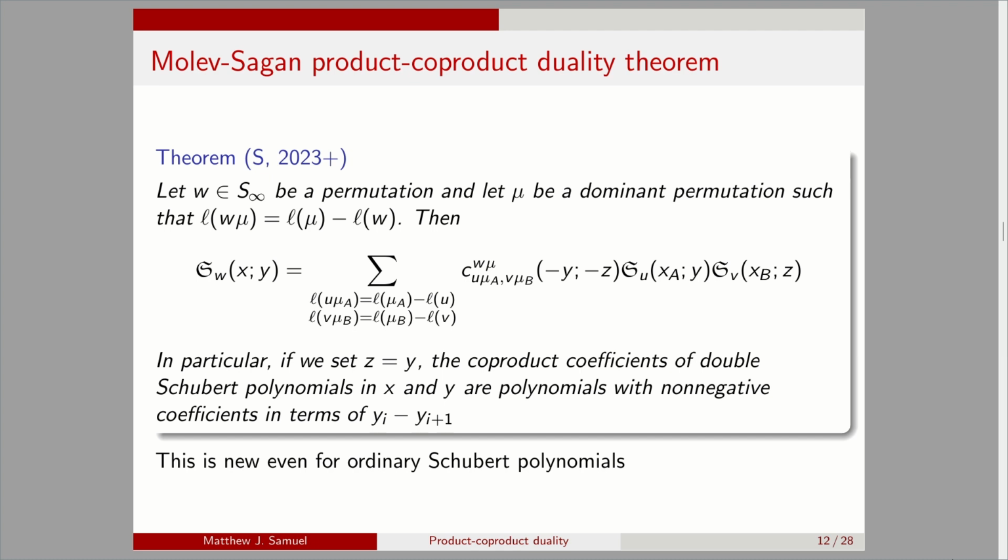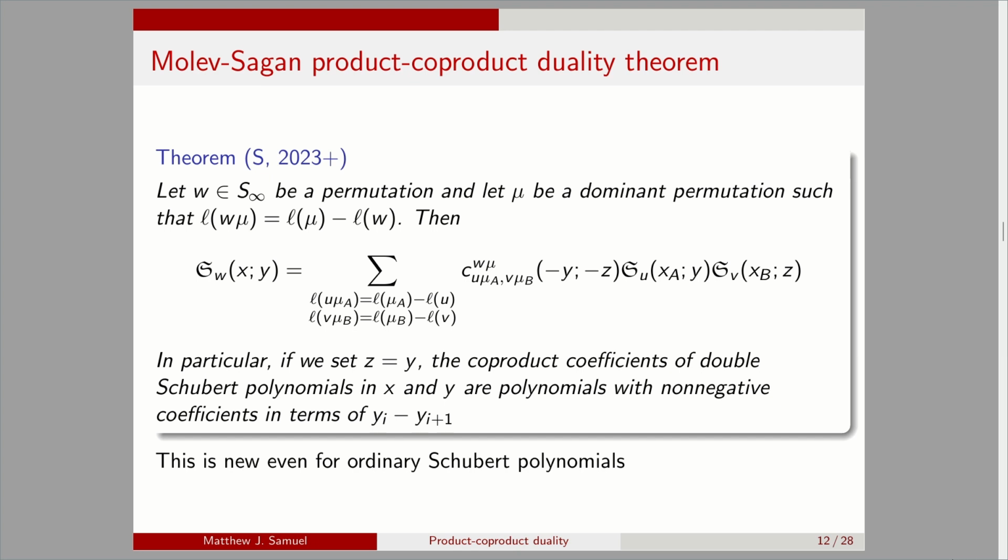Then we have this equation: S_w of x and y is equal to the sum over certain u and v of c^{w mu}_{u mu_A, v mu_B} of minus y minus z, times S_u of x_A and y, times S_v of x_B and z. Notice the z comes out of nowhere.